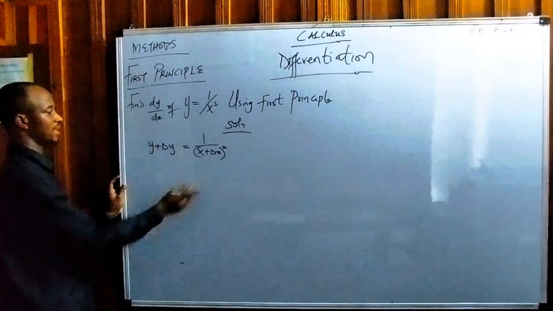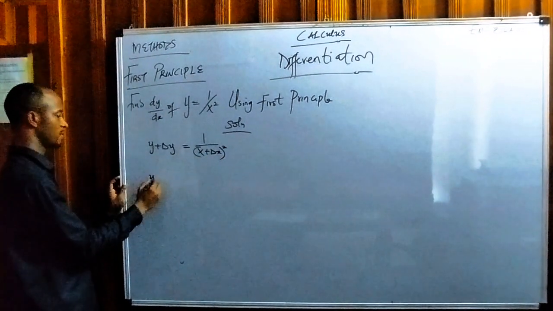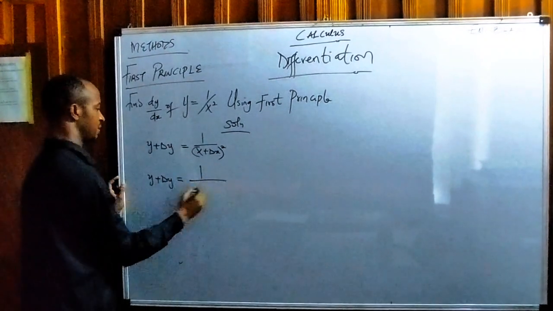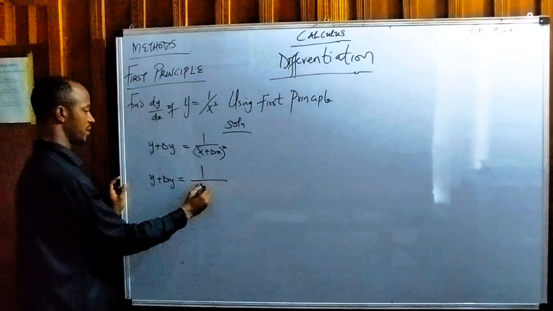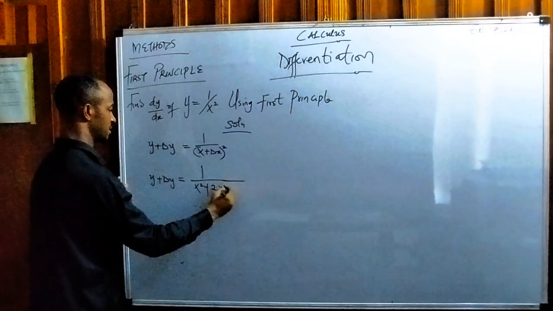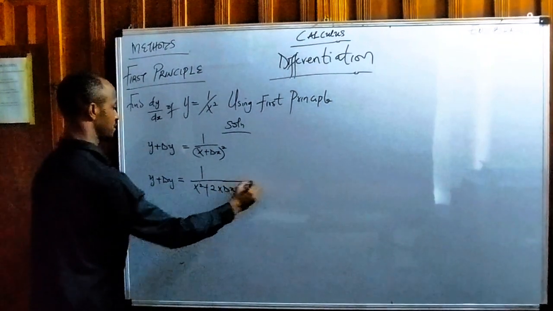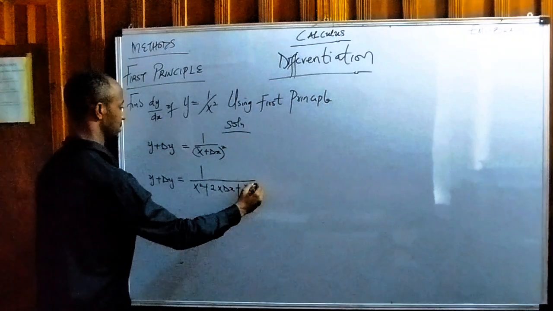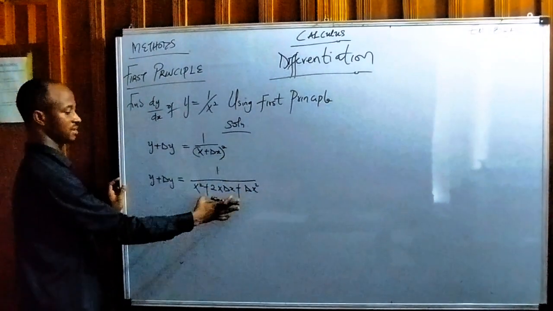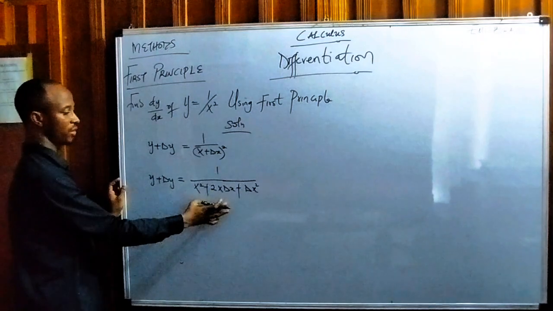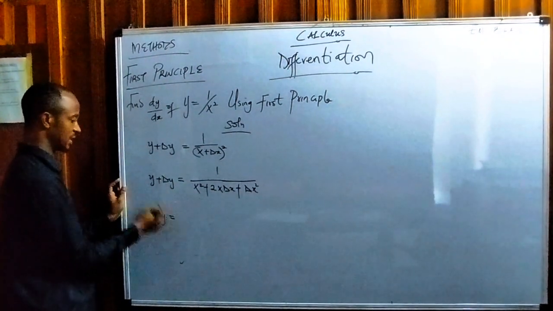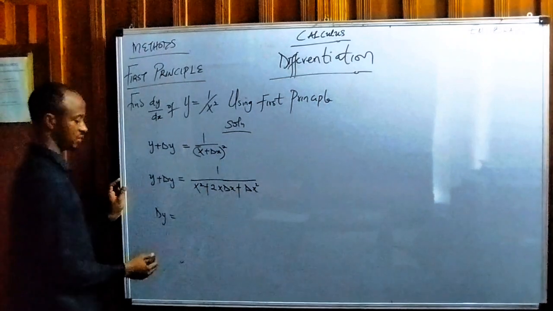Alright, so by the time we expand this, it will give us y plus delta y equals 1 divided by s squared plus 2s delta x plus delta s squared. The whole of this is equal to this. By expansion, we are going to have this. So we have to take our y to the other side of the equation.